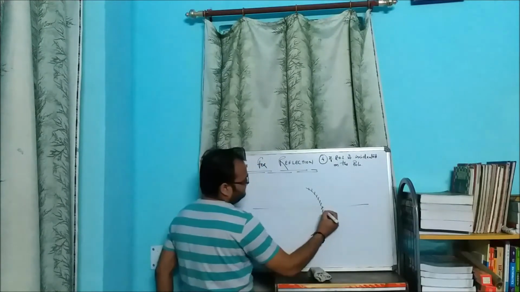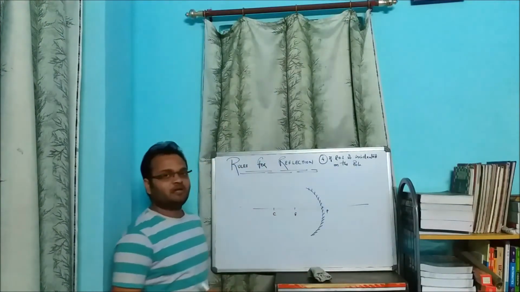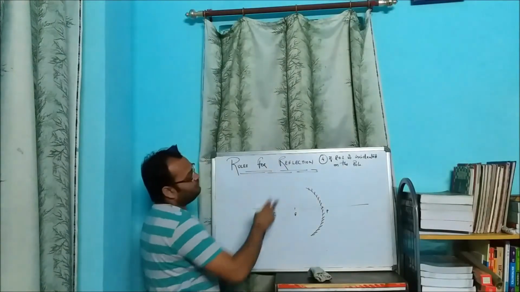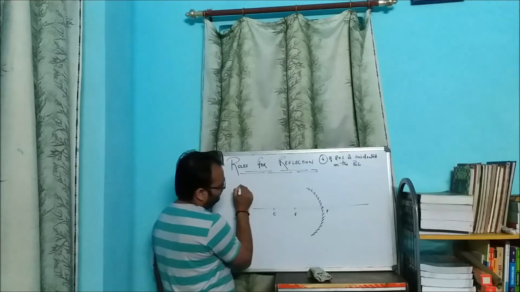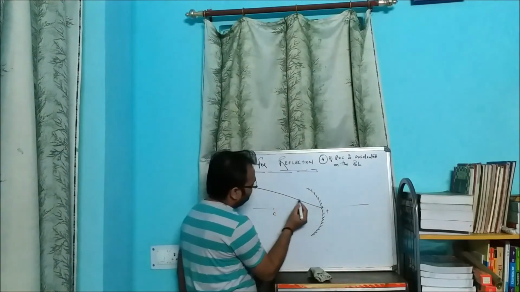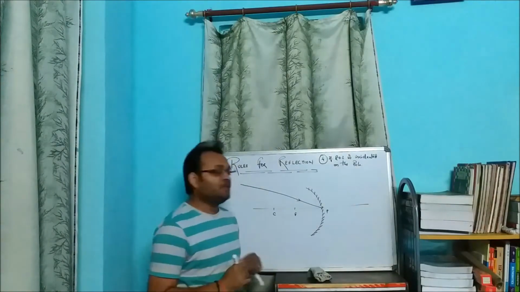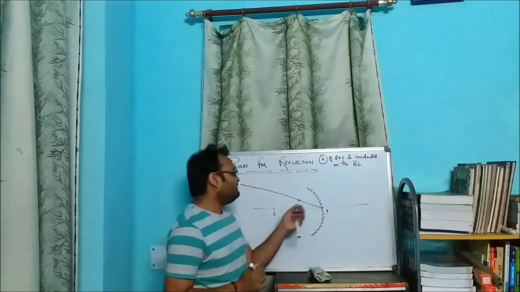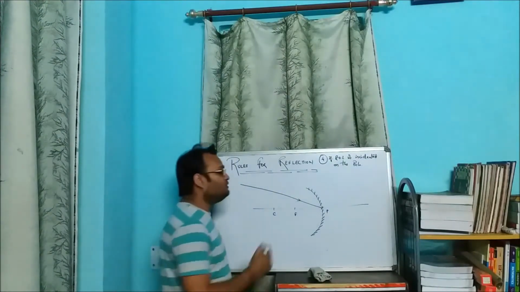Principal axis, this is pole, this is focus, this is center of curvature. I told you, when a ray of light is incidented onto the pole, means from the object the incident ray is coming and is striking the mirror onto the pole, that is P. Here in the fourth case, when the ray of light strikes the pole, we can see the actual reflection here.